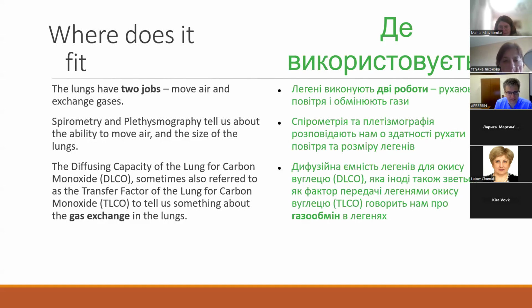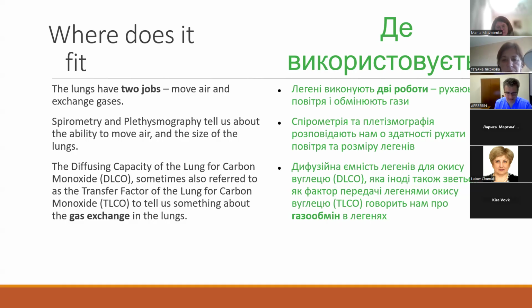Both of those are more on the side of moving air, how much air is in the lungs. The DLCO test, which I think in Europe is called the TLCO, or the transfer factor of the lung for carbon monoxide, tries to tell us something about gas exchange in the lungs. So it's the second part of that.